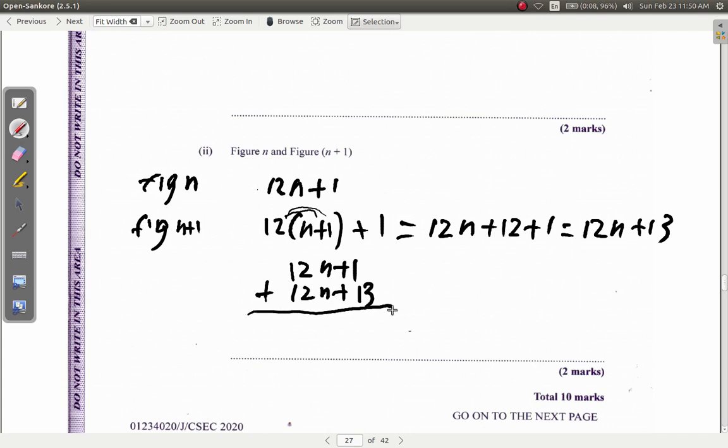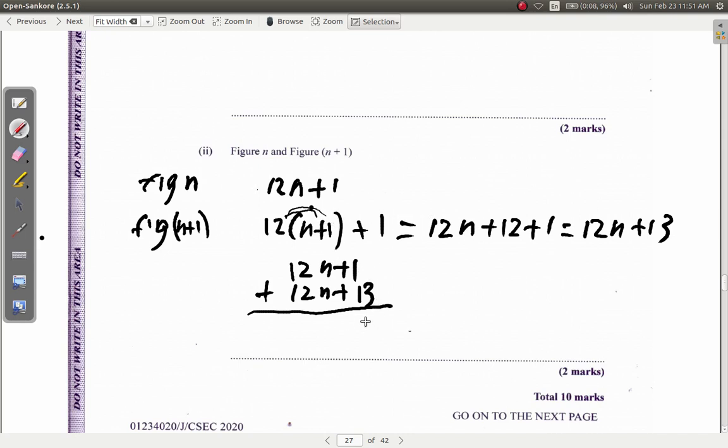Don't make the mistake of saying that since figure n is 12n plus 1, then figure n plus 1 must be 12n plus 1 plus 1, which is 12n plus 2. Don't make that mistake, alright? You have to substitute it in the formula here.